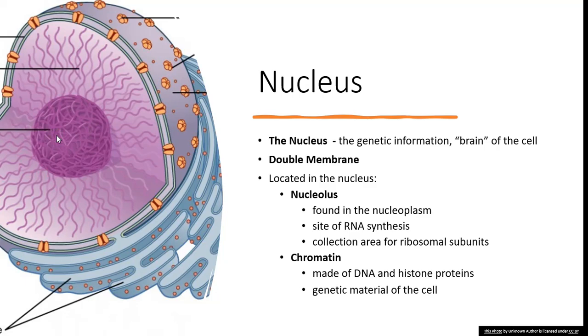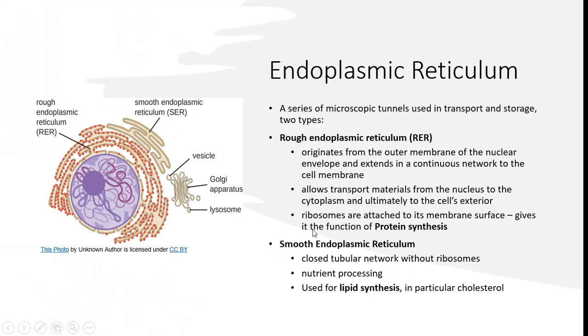And chromatin is made up of DNA and histones. It's that genetic material, and the chromatin ultimately is going to be twisted and turned into chromosomes. So within the nucleus, remember, it's double membrane. It's got the nucleolus where you do your RNA synthesis, and then it's got the chromatin, which is going to be that DNA and histone proteins.